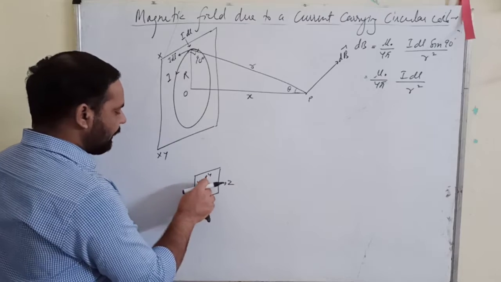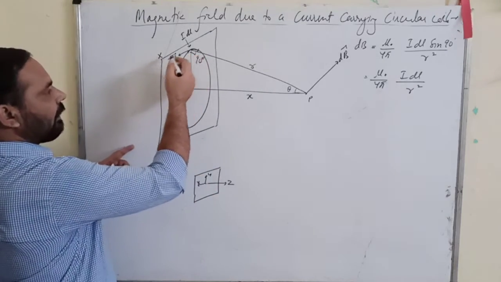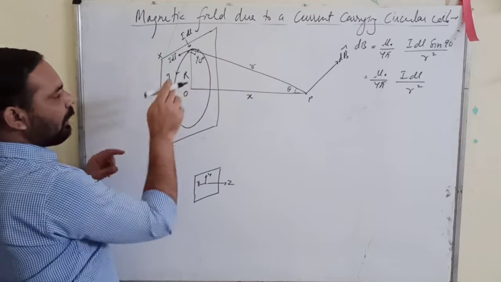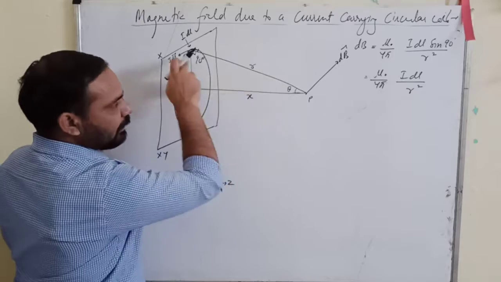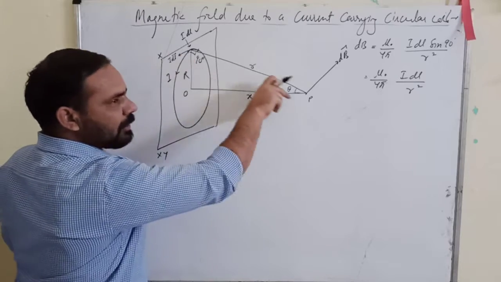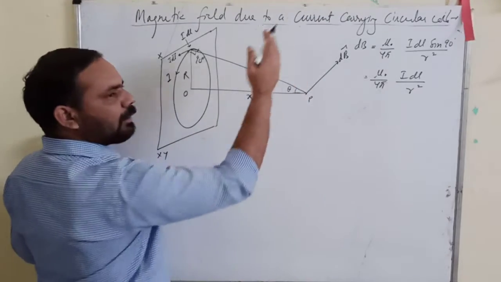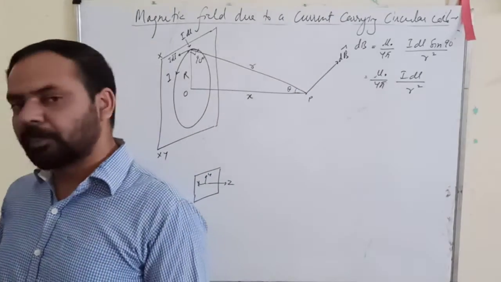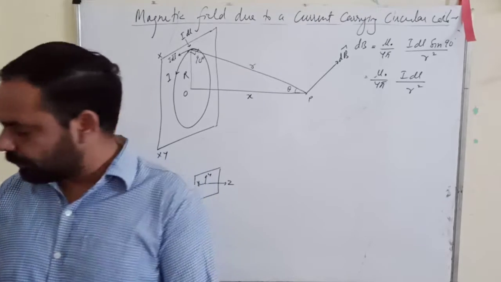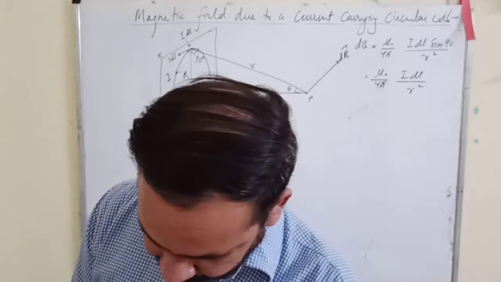Then if your I dL vector is traveling along x, and this r vector is towards z direction, then your dB must be along the y direction. It should be perpendicular to both of them, x and z.